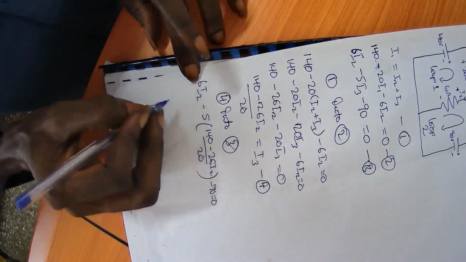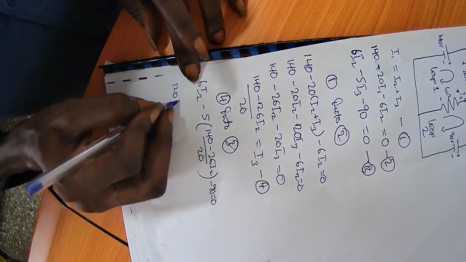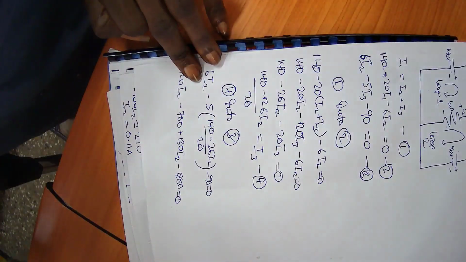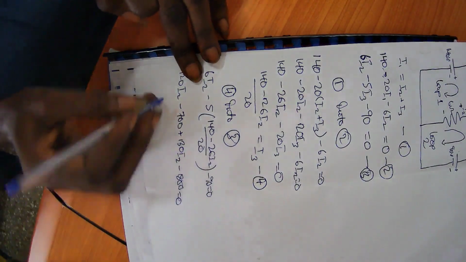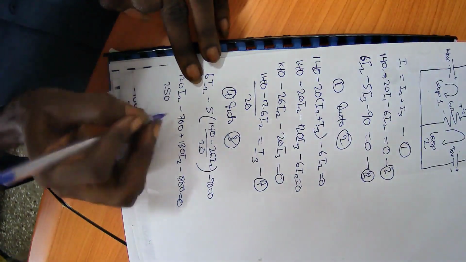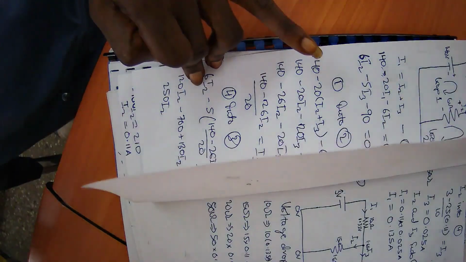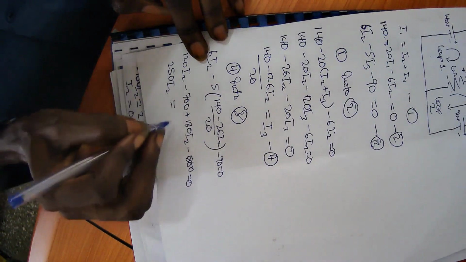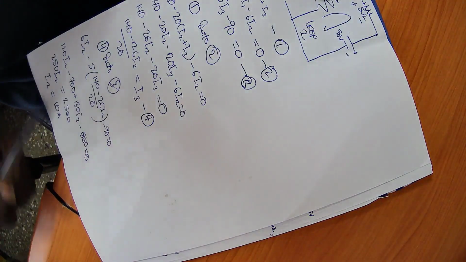If I multiply here by 20, then I'm going to have 120 I2 minus 700 plus 130 I2, so we will have 250 I2 equal to 1000. We have I2 to be 10 amps.